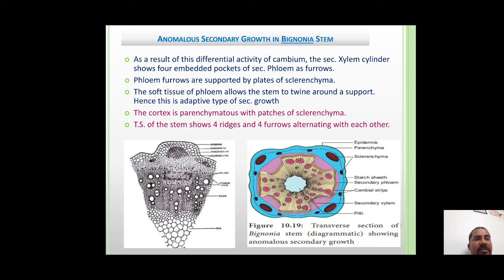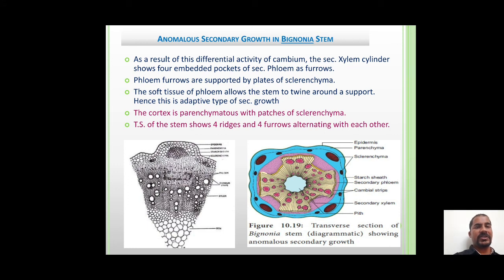You can see the presence of the sclerenchyma patches in front of the secondary phloem to give support. The soft tissue of the phloem allows the stem to twine around a support. That means the secondary phloem is helpful for the climbing habit of the stem. Hence, this type is the adaptive type of secondary growth. The cortex is parenchymatous with patches of sclerenchyma.